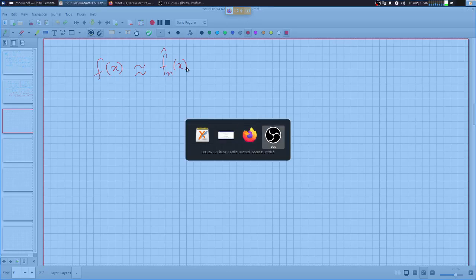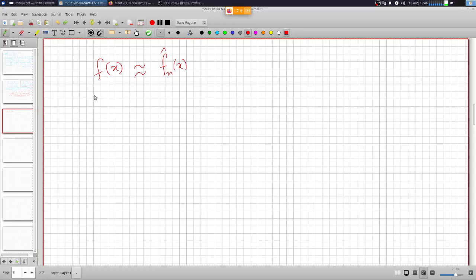So this is what we are approximating. So why nth degree polynomial?